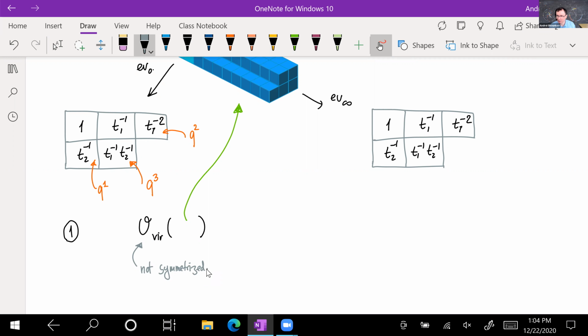So it's not like I forgot about it. It's really not symmetrized. And so that is going to be what? This is going to be some ratio. If you take evaluation at 0 over the evaluation at infinity of some kind of gamma function expression. Depends how you want to cook.